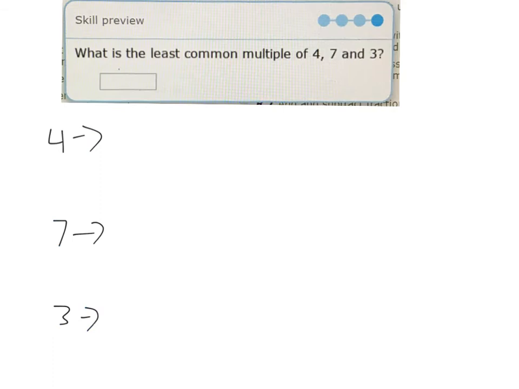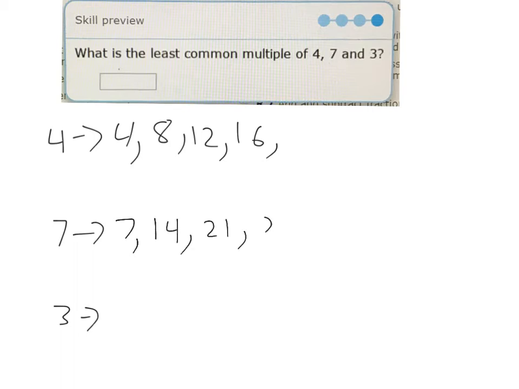And our final example, this time they're asking for the LCM between 3 different numbers, 4, 7, and 3. Let's start with the easier numbers. Hopefully it'll be easier for us to do it. 4, 8, 12, 16. I'm trying to think about when I'm going to hit a multiple of 7, because I think those are going to be the trickiest. 7, 14, 21, 28, 35, 42.